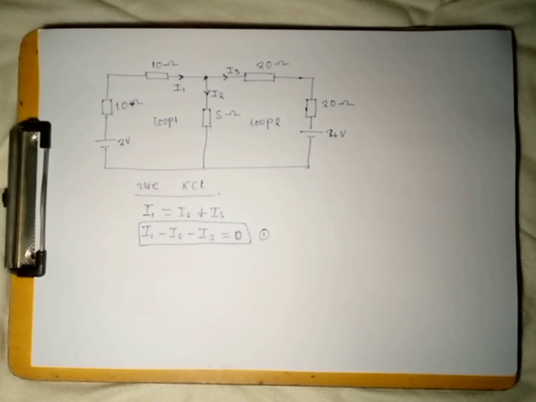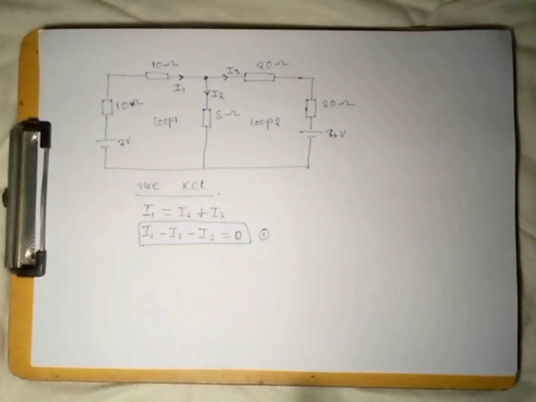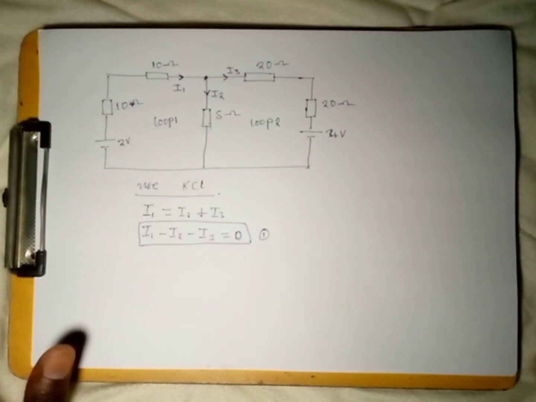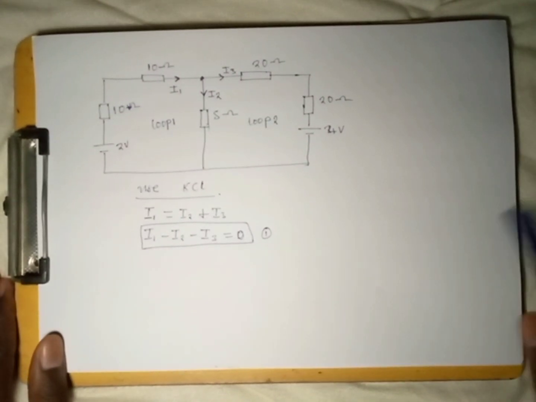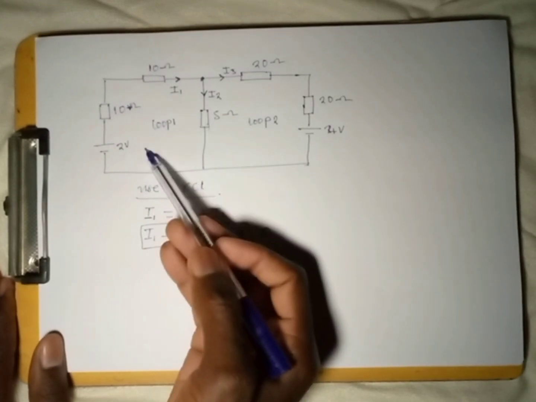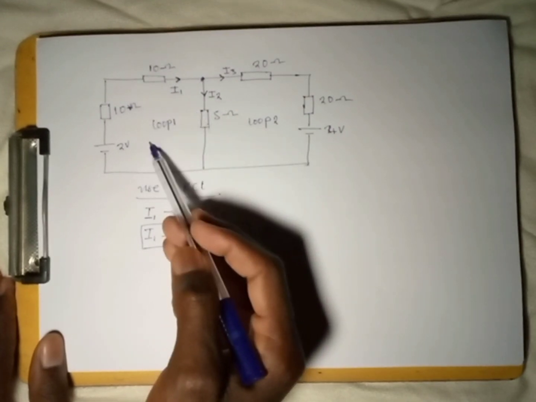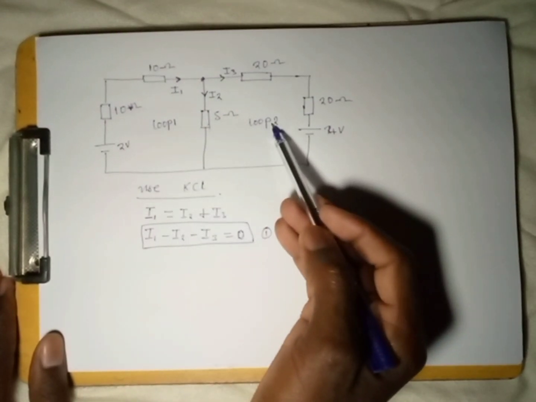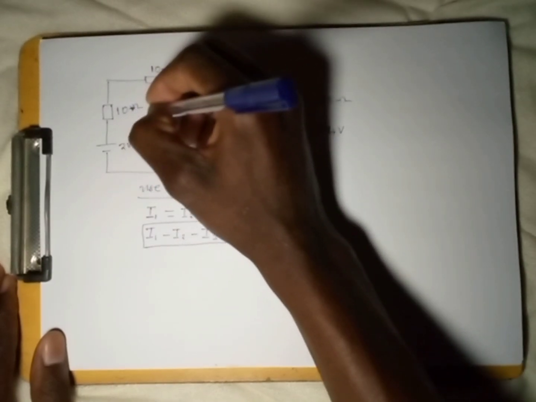Let's go to the next step. What are you supposed to do on the next step? We need to concentrate on the closed loop now using KVL. Whenever we are using KVL, you have to choose whichever direction you want, either clockwise or anti-clockwise. The same applies even on this one. So allow me to use the clockwise direction.